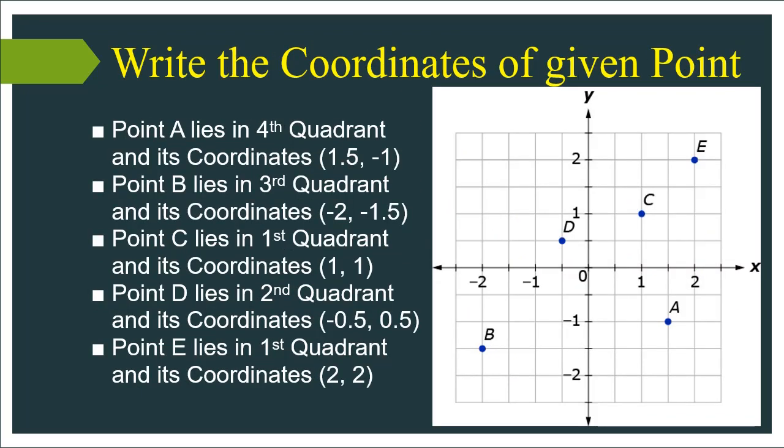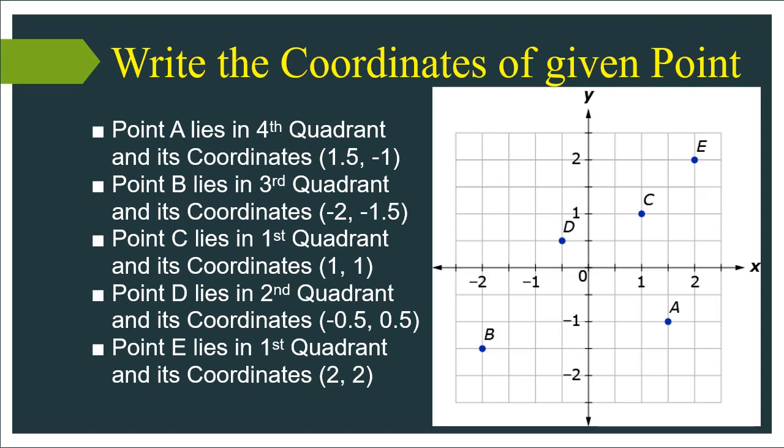Now, next example. In this example, write the coordinates of a given point. What we need to do is write the coordinates of a given point. We are starting with the point A. Point A lies in the fourth quadrant. Its coordinates are (+1.5, -1), because in the fourth quadrant x is positive and y is negative.